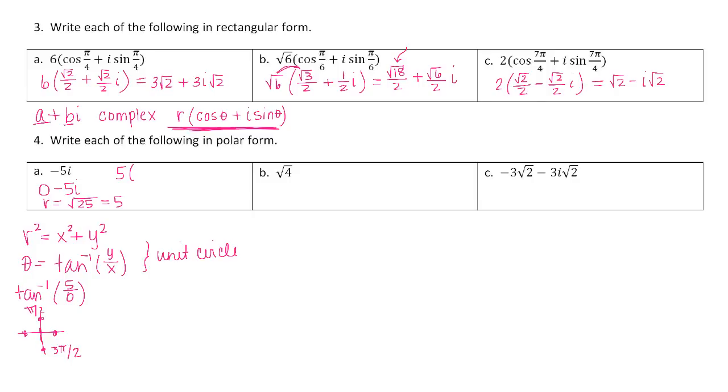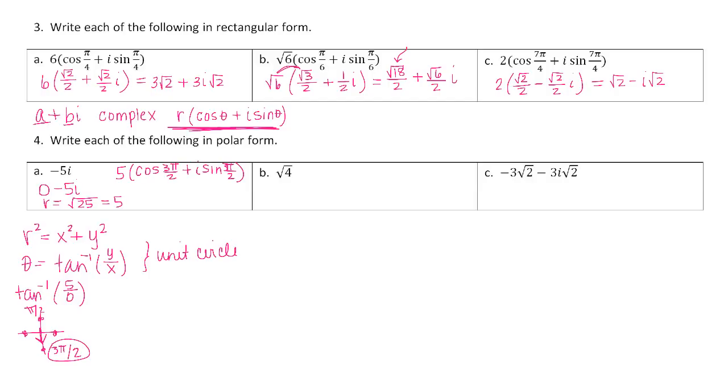So that means we need to move toward 3 pi over 2. So now we have our angle, and we're going to write this in the form. We're going to have cosine 3 pi over 2 plus i sine of 3 pi over 2, sorry. Then that's going to be our final answer.